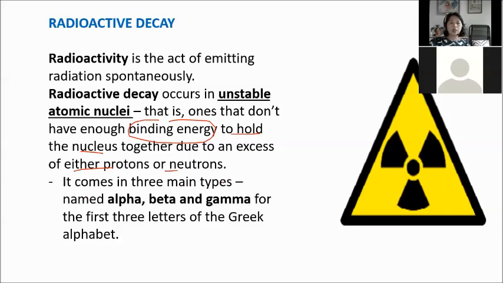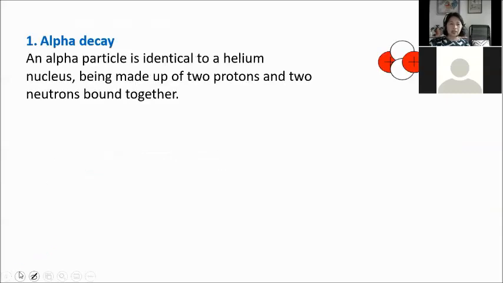So it comes in three main types, the alpha, beta, and gamma decays or particles. So what is an alpha decay? This is identical to a helium atom or helium nucleus being made up of 2 protons and 2 neutrons bound together. Okay.